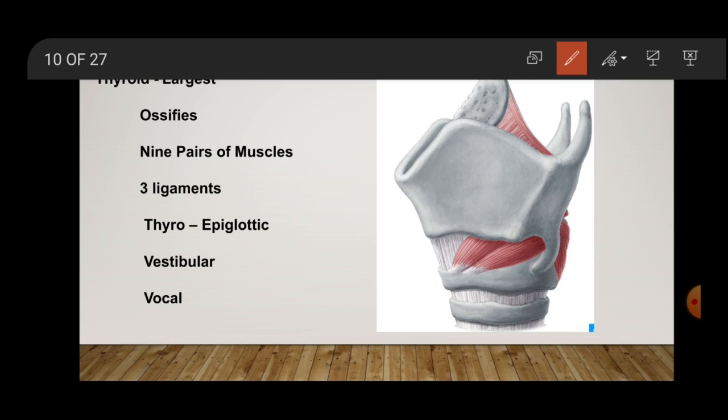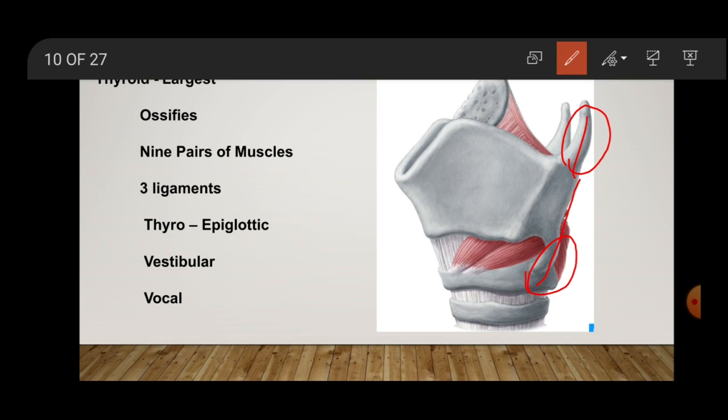When you look at the posterior border, it is thickened. The posterior border is thickened upwards and downwards as prolongations called the superior and inferior horns. This is the superior horn and this is the inferior horn.